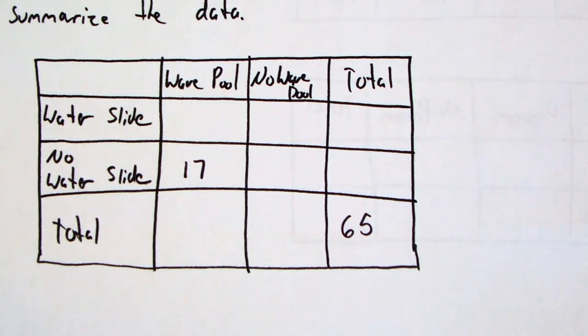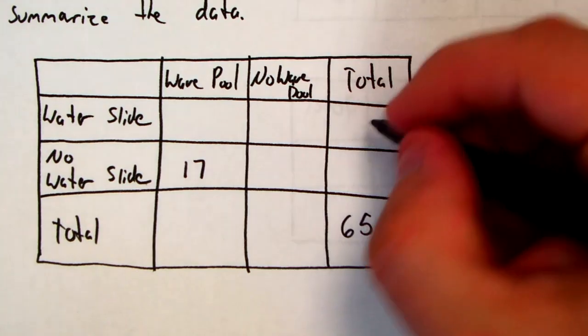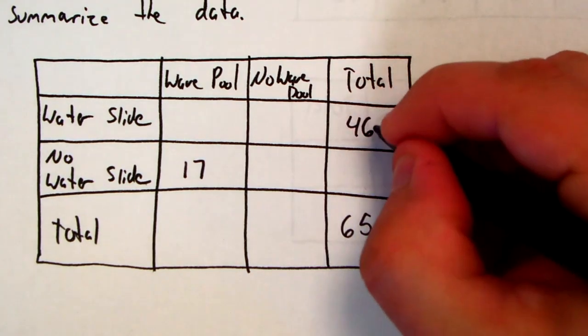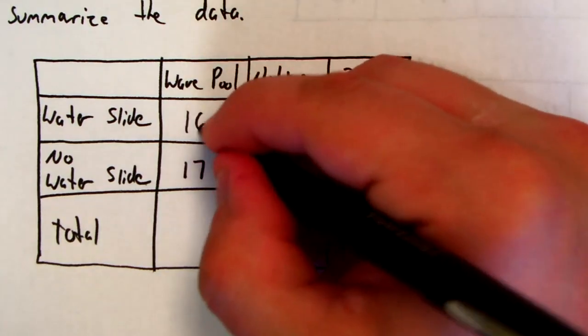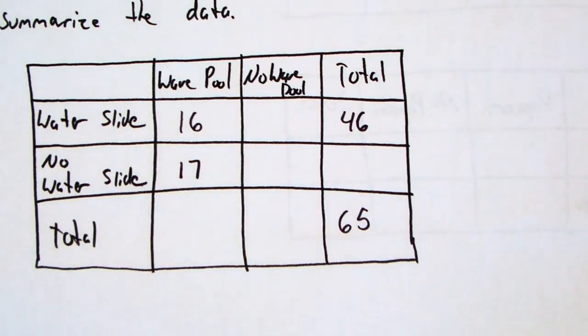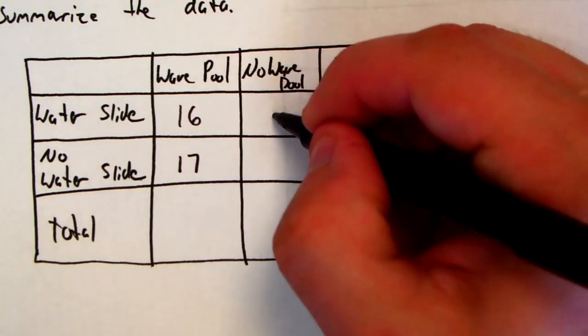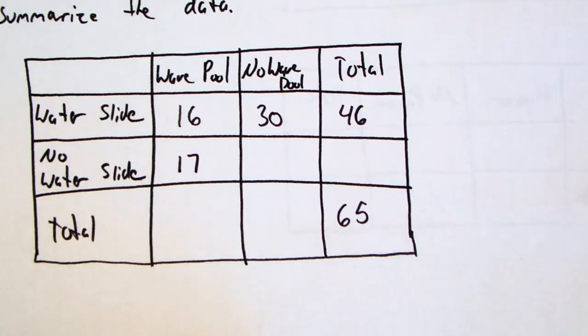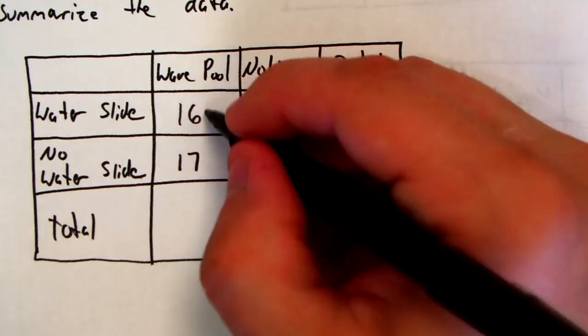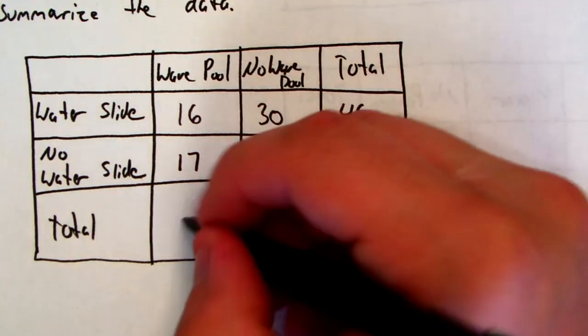There were 46 students who rode down the water slide, so 46 total that rode down the water slide. And 16 of them also swam in the wave pool, so 16 has to go there. The rest of it is just filling in the information. 16 plus what is 46? Well, that'd be 30. 16 and 17 is 33.